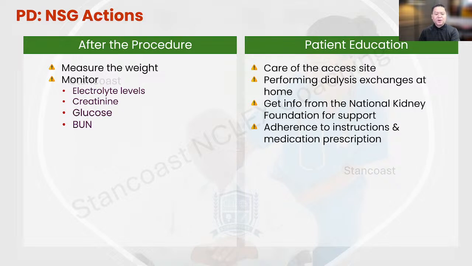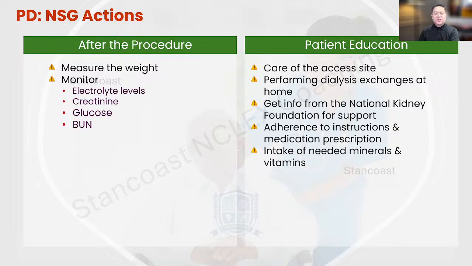Now, another thing that we need to keep an eye on is nutrition, okay? Let's not forget about the nutrition, because what if they're only doing the dialysis, but they're not really following the recommended renal diet, they're going against what is recommended, then definitely all those dialysis treatments are not going to do anything for them, all right? If they're eating garbage, then the dialysis will just be nothing, all right?